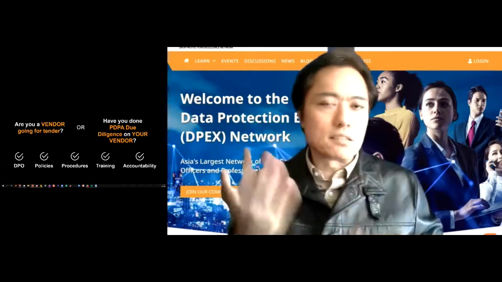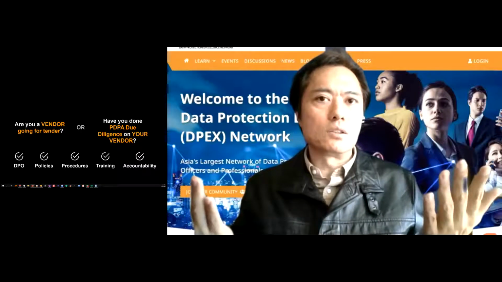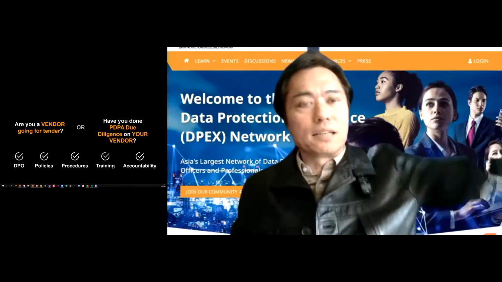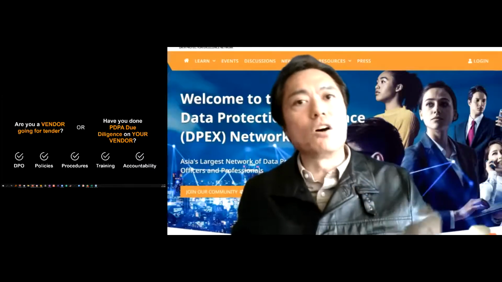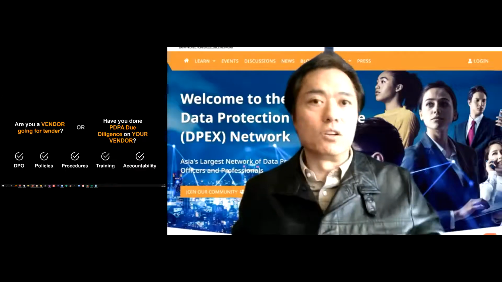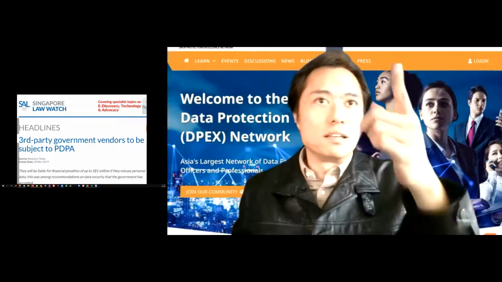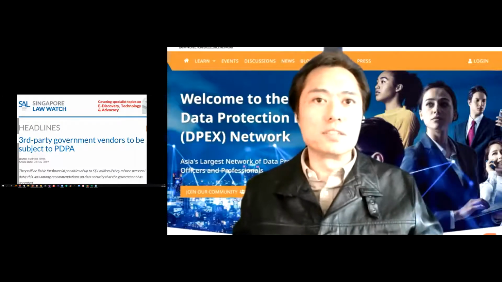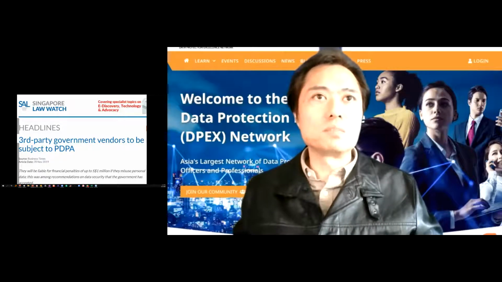On both sides, do you have the ability, as a tenderer, to go through due diligence? Or on the second side, do you know how to do a proper due diligence on your vendor for compliance towards data protection, which is regulated? If any of you are doing business with the government, this is what they've issued: all third parties doing business with government must be subject to the PDPA.